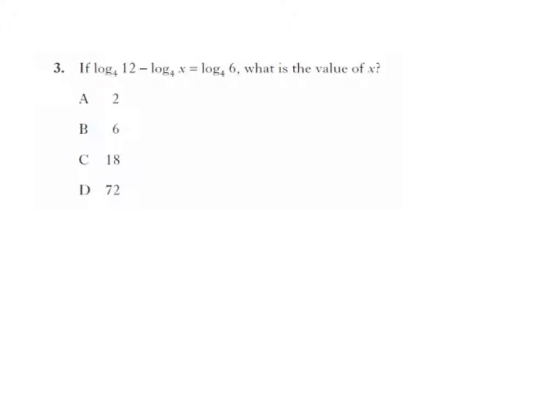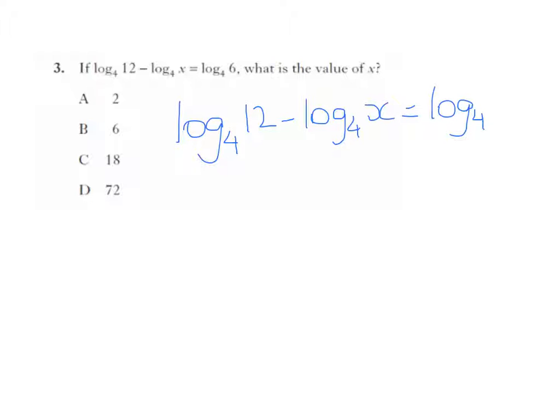Right, next question, another log one. We're told log to base 4 of 12 minus log to base 4 of x equals log to base 4 of 6. So we're going to use the rule for the difference, which is that log of a minus log of b is equal to the log of the quotient a over b.